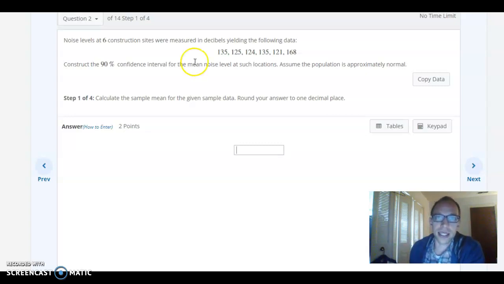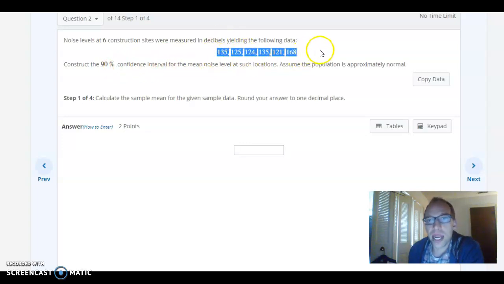And in a case like this, where we just have the sample data and we're constructing a confidence interval for the mean, then we need to use a T procedure, unless somehow we have the population standard deviation, which we don't in this case.